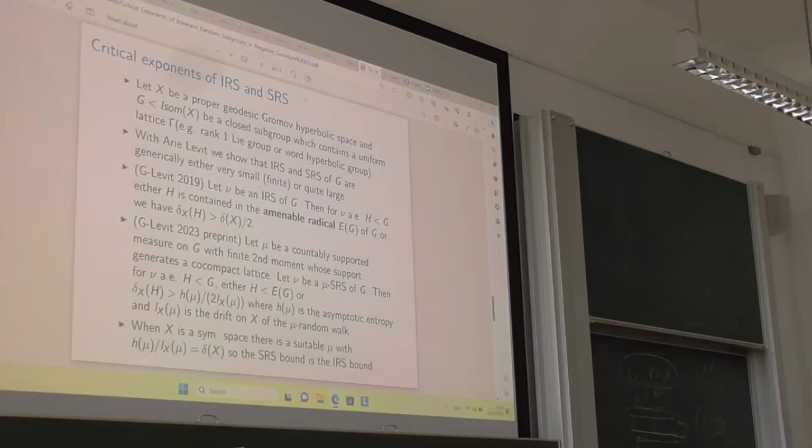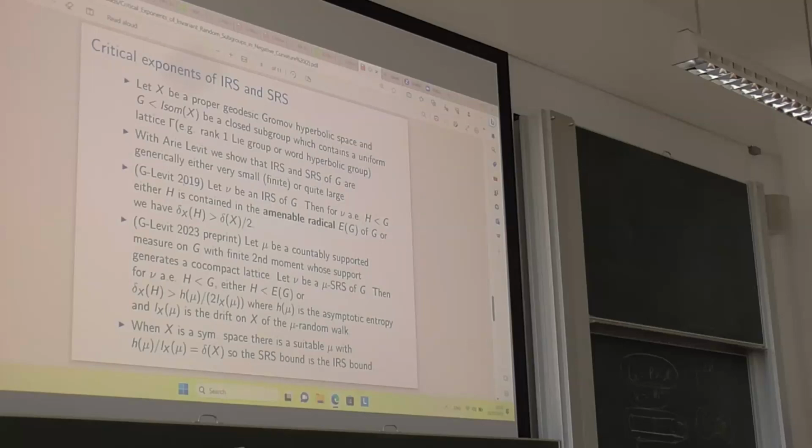I'll say more about this. If you went to Charles's talk, or Richard Sharp's talk, you saw what these things mean. But I'll just mention for now that in general, this quantity h over l is less than or equal to the critical exponent.